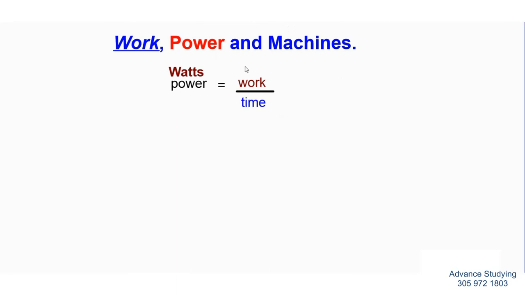We did it in the past, and work is measured in joules. And of course, time, in this case, we're going to measure in seconds. So these are the measuring units of these variables.